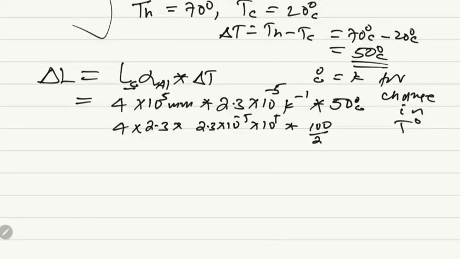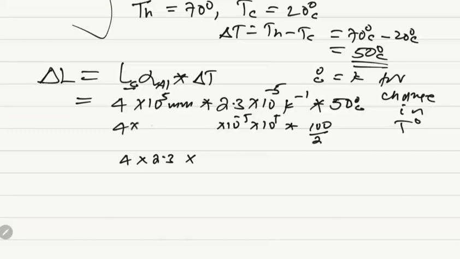You can write this 100 over 2 as 10 to the power of 2 over 2, because 100 is 10 to the power of 2.